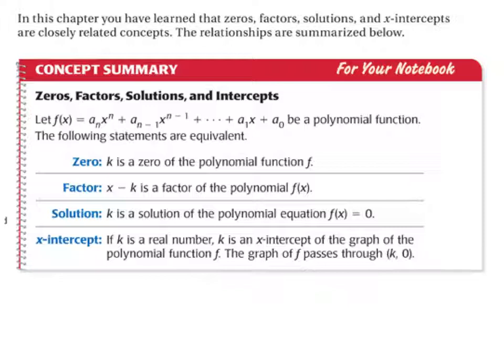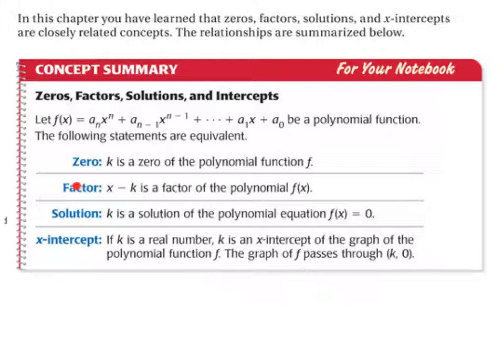All right, what are we doing today? In this chapter, you have learned that zeros, factoring, solutions, and x-intercepts are closely related concepts. Their relationships are summarized below. So we have zeros. K is a zero of the polynomial function f.